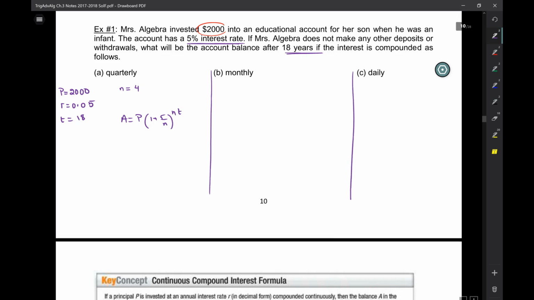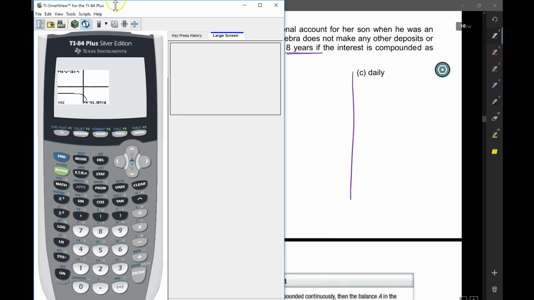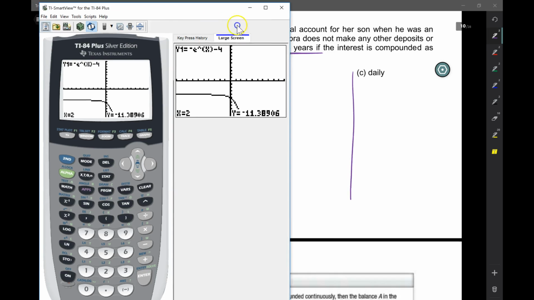Now let's plug them in. A equals 2,000 times (1 plus 0.05 over 4) to the power of 4 times 18. All right, so let's go on our calculators and I'll show you how to put this in. I would like you to be able to put all this information in one shot.